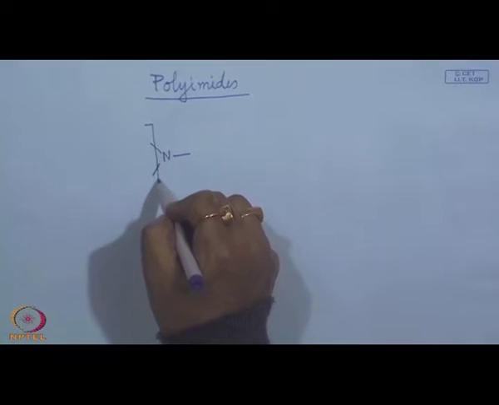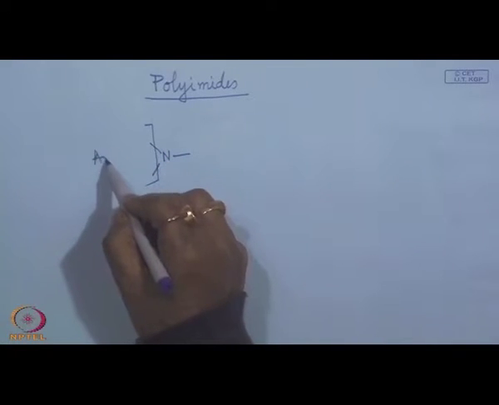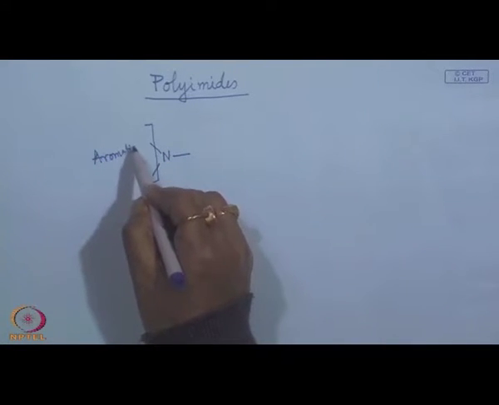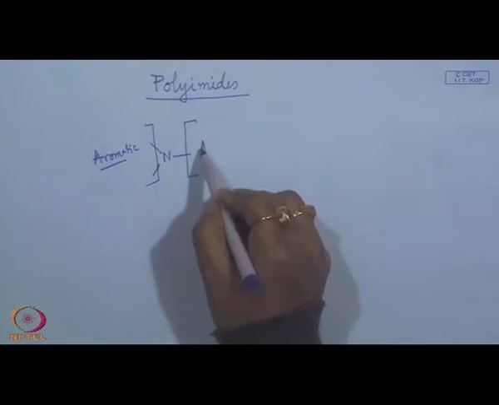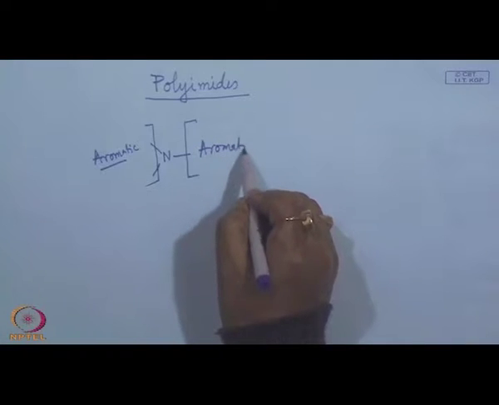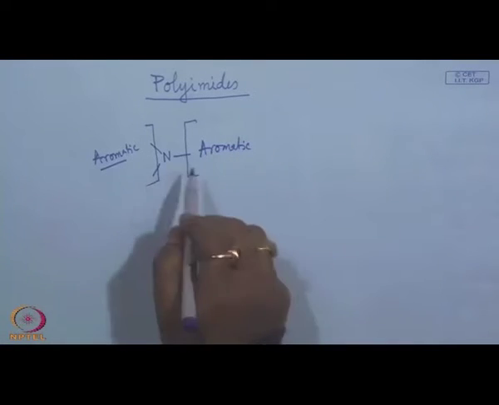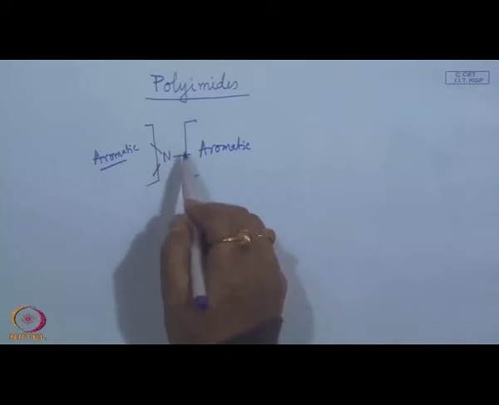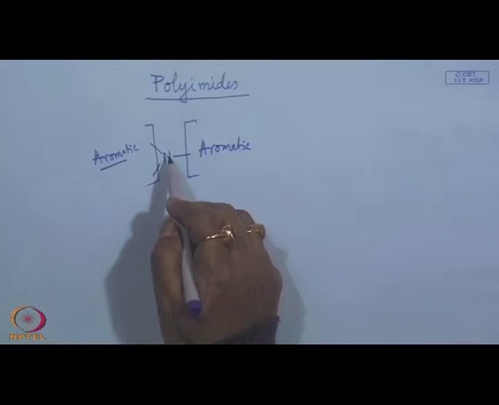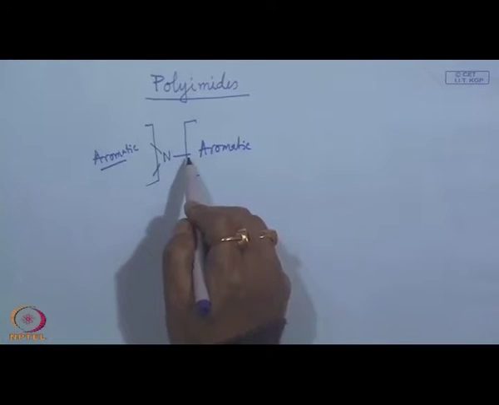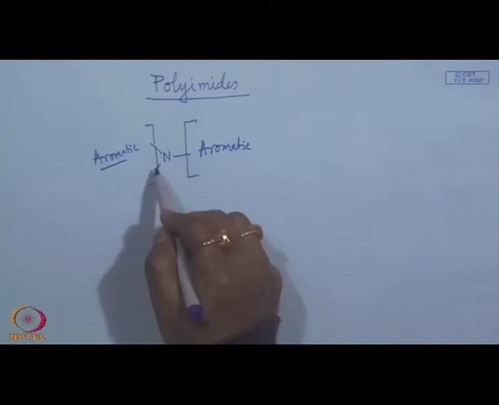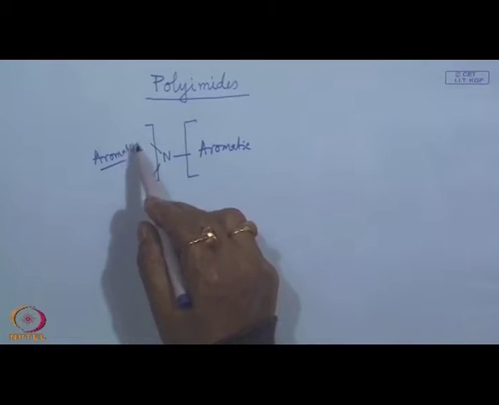This side is aromatic, this side is also aromatic in the polymer backbone. So, a polymer is formed through such linkage. Nitrogen is connected to 3 different functional sites.